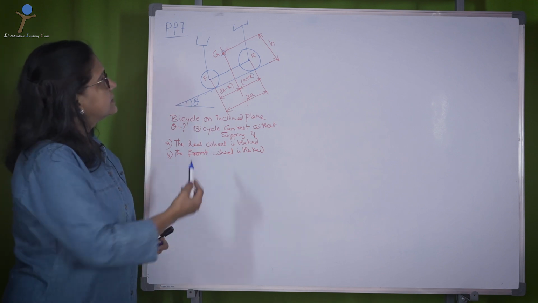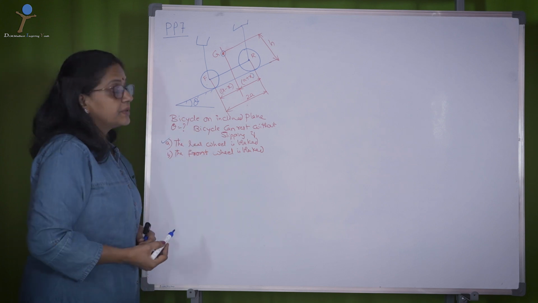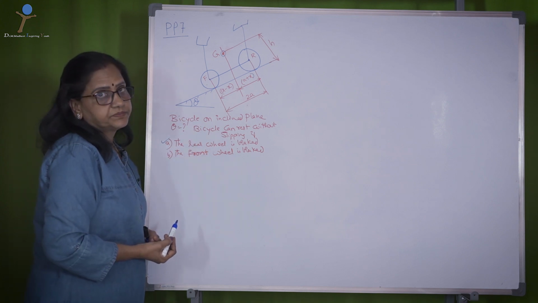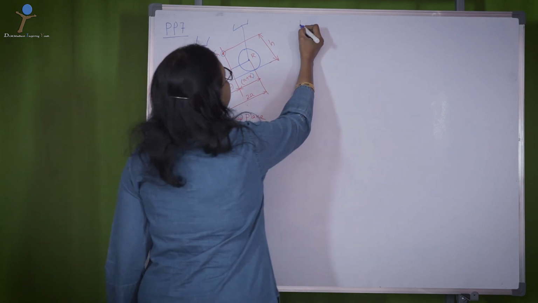Let us start first with when the rear wheel is braked. Let me draw the free body diagram.